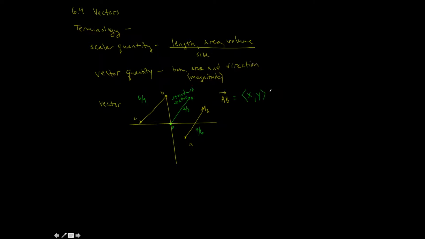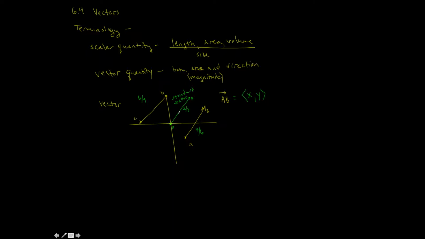Now, what you got to realize is this. Notice that those are not parentheses, so don't get these confused. This tells you that it's the coordinates of a vector. It's basically giving you the coordinates of point P, okay?